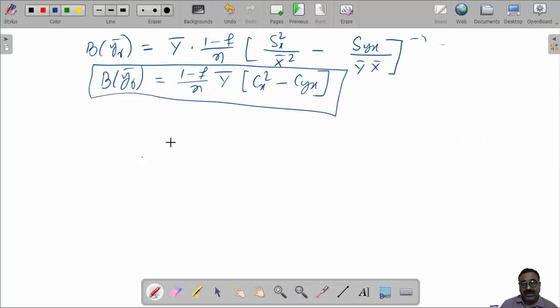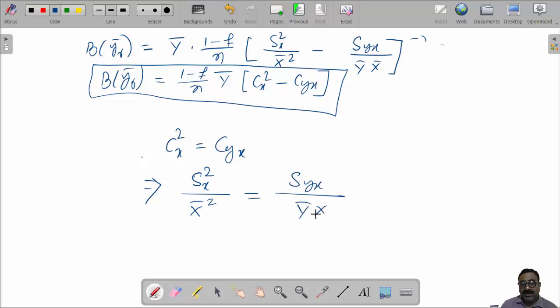Now we can see that this bias is negligible or very small if cx square equal to cyx. That implies cx square is equal to sx square by x bar square, that is equal to syx by y bar x bar.